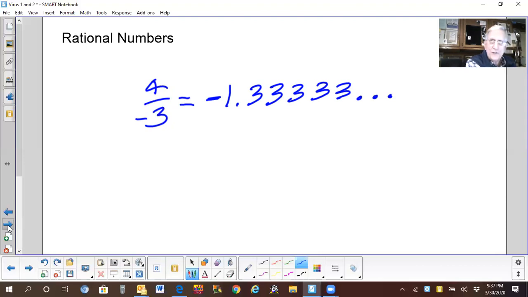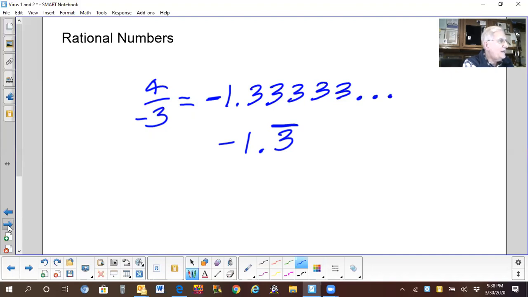That's called repetition. And if you recall, repetition can be shown the way I have it up there now, with the 3's and the 3 dots after them, or it can be expressed using what I call bar notation. And you recall this from middle school: when you put the bar over the 3, it means the 3's continue to repeat forever.